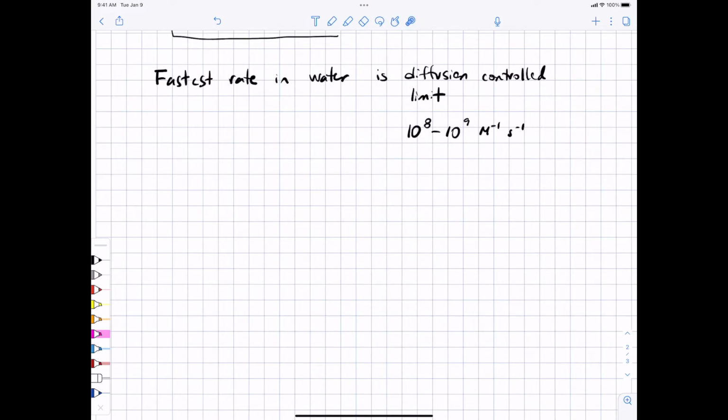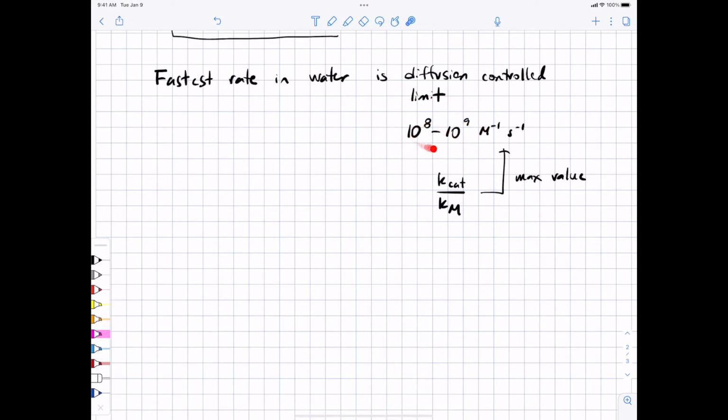So if your second order rate constant is kcat over Km, the maximum value of kcat over Km is going to be, well, that's the upper limit, all right?